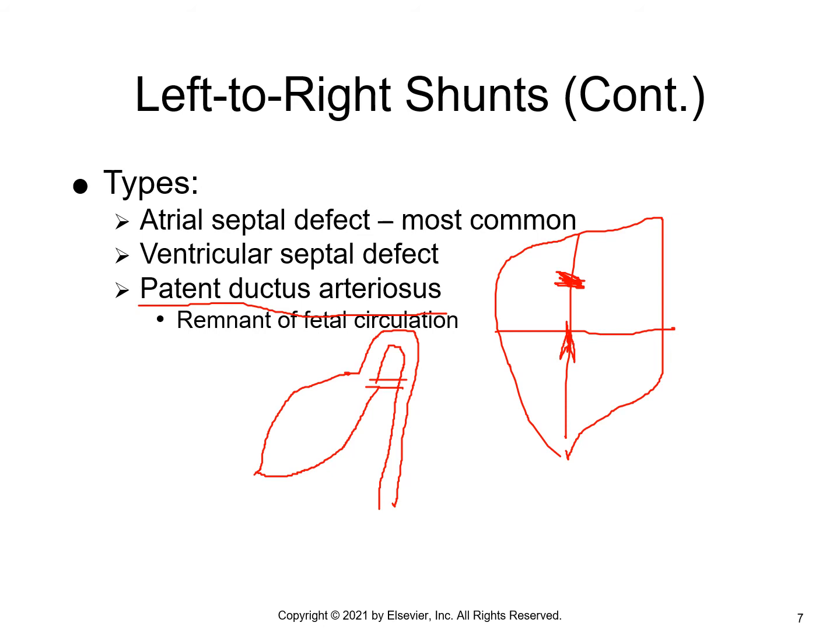And so that shunt can help take some of the pressure off of the lungs. Okay. Now, if this fails to close after birth, then it's recognized as a patent ductus arteriosus, and it allows the introduction of non-oxygenated blood into the aortic system and will affect perfusion of oxygen.